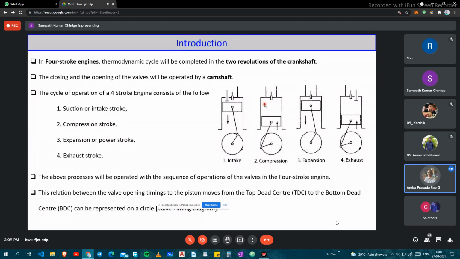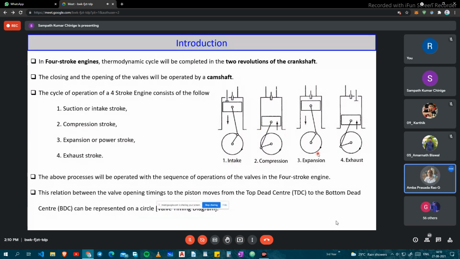It is compressed to the extent that the fuel self-ignites. The air should be compressed to such a pressure and temperature that the fuel being injected can auto-ignite. That is what is called self-ignition. We are not using any source of ignition, so diesel engines are called self-ignition or compression ignition engines, not spark ignition engines.